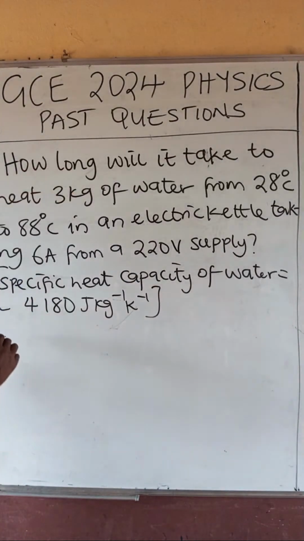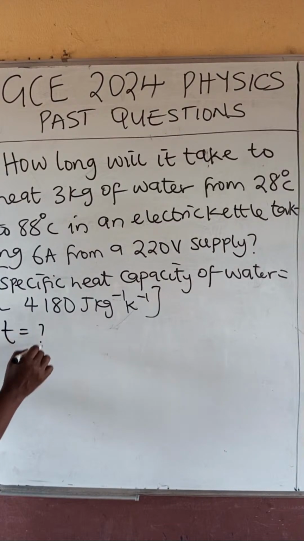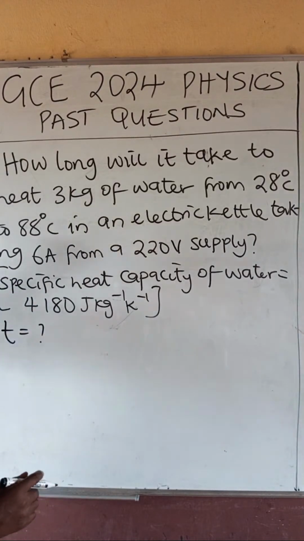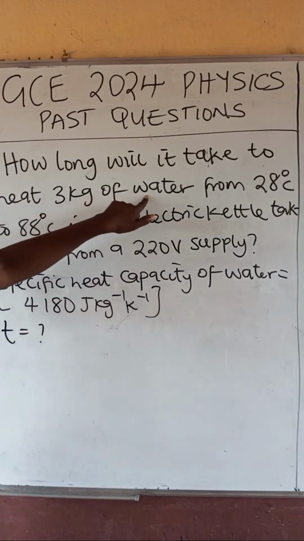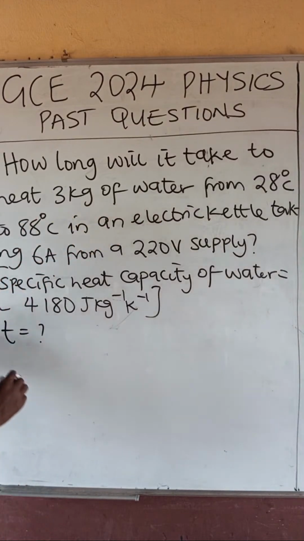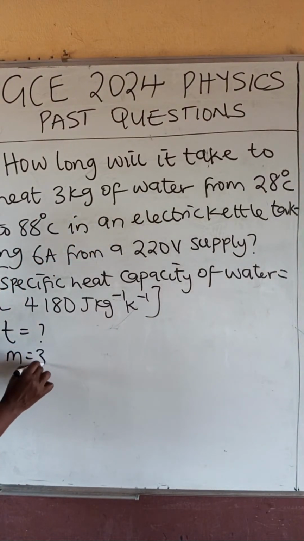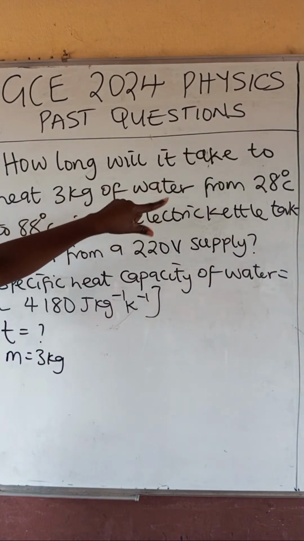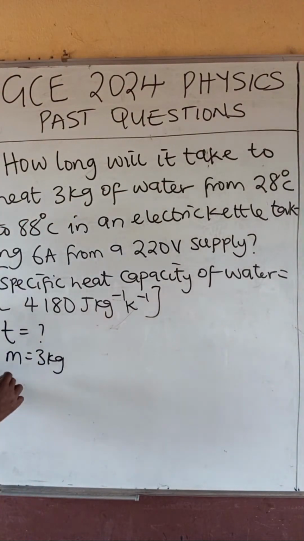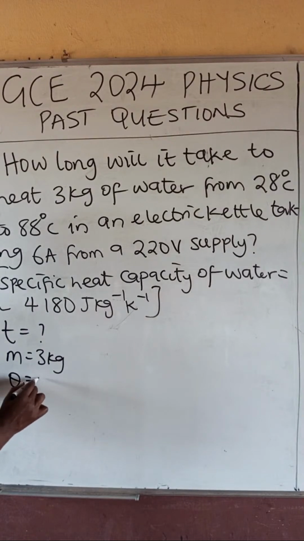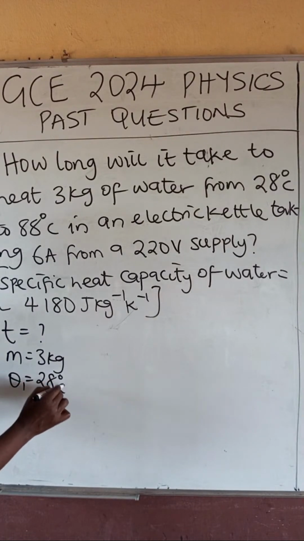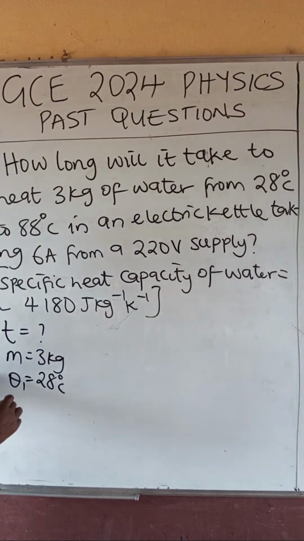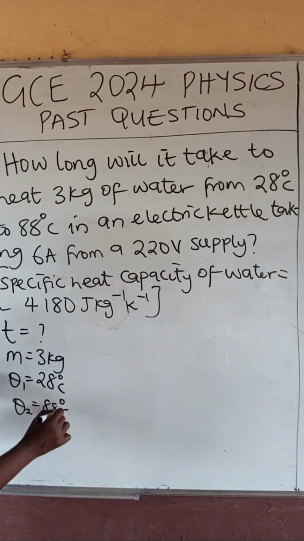How long, that is T, is what you are looking for. Taking to heat 3 kilograms of water, this is our mass. So our mass is 3 kg, and the temperature ranges from 28 degrees Celsius, that is my theta 1, to 88 degrees Celsius, that is my theta 2.